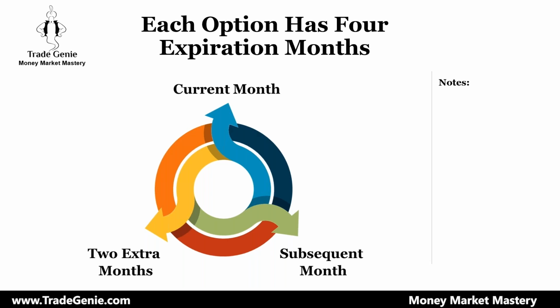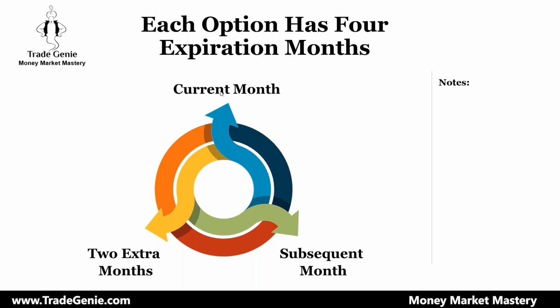So these 2 extra months are assigned based on the cycle to which this stock is attached or assigned. So for example, let's say Apple, I'm just giving you one example, I don't know for real what is out there in the trade. You can look at it if you have your trading platform open.